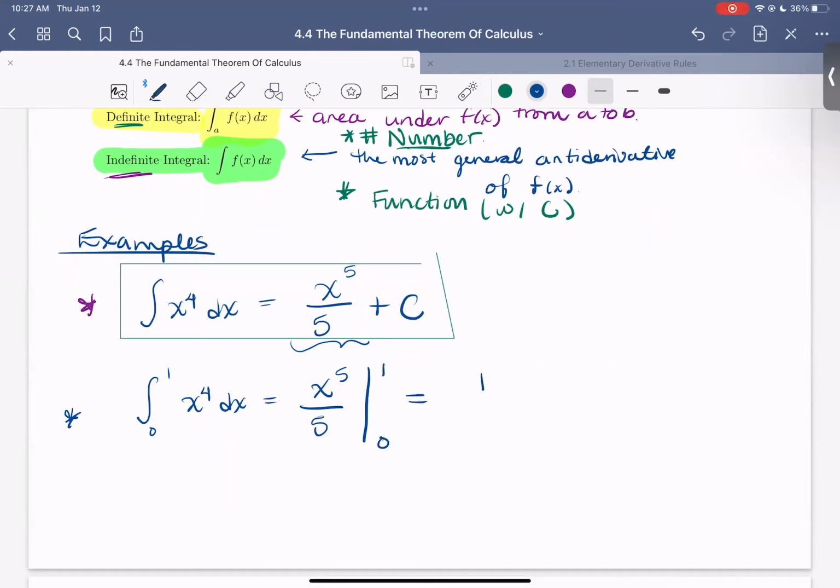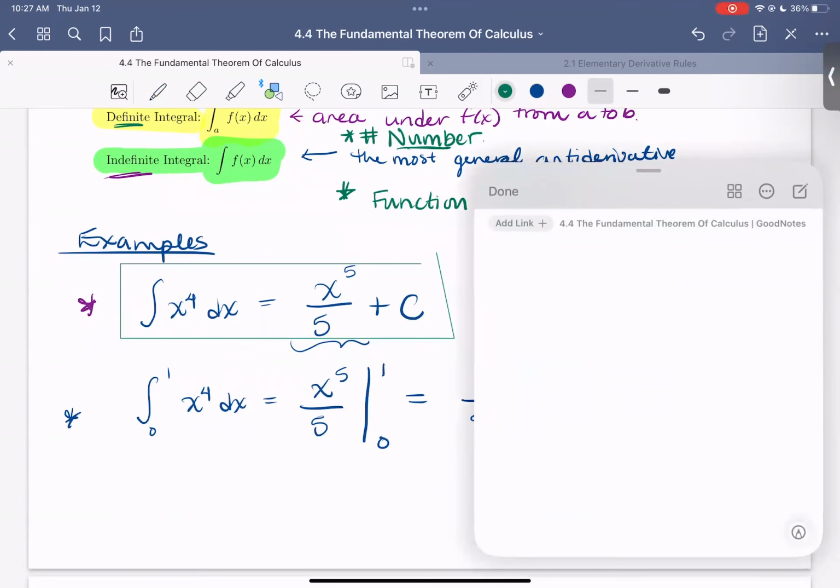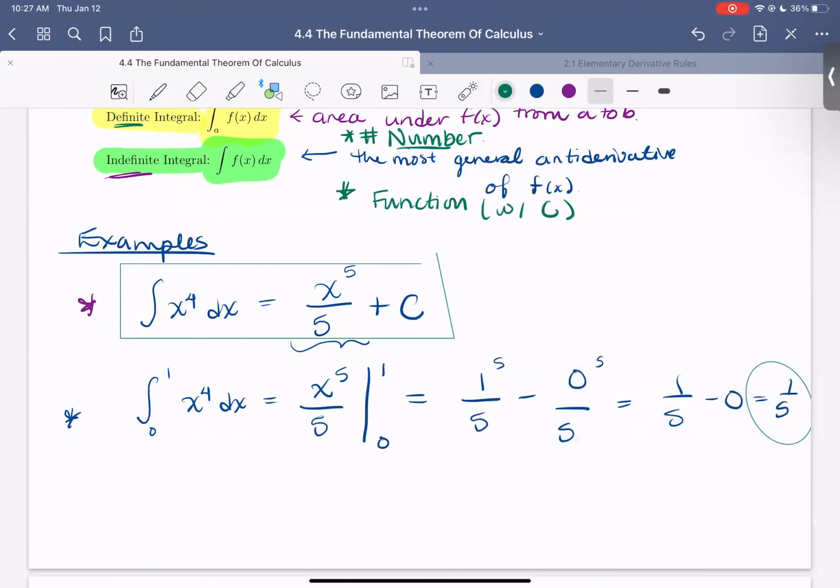So that looks like 1 to the fifth over 5 minus 0 to the fifth over 5, which becomes 1/5 minus 0, which becomes 1/5, which is, as we might have guessed, a number. So again, with a definite integral, we're finding a definite number, a definite area under this curve. While with an indefinite integral, we're just computing the most general antiderivative.